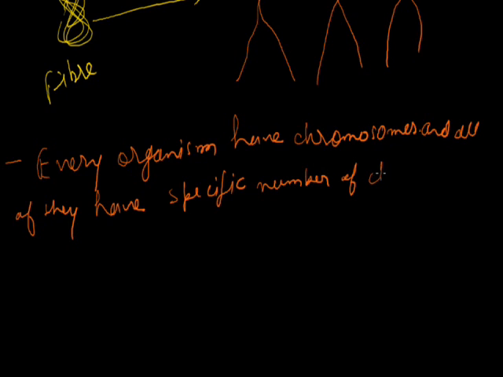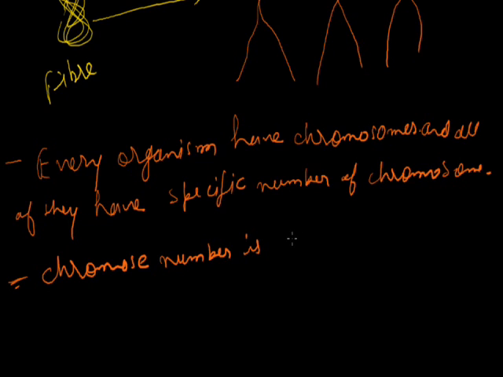So I can simply say that all organisms don't have the same number of chromosomes. They all have a specific number. It means the chromosome number is the identity of the species.